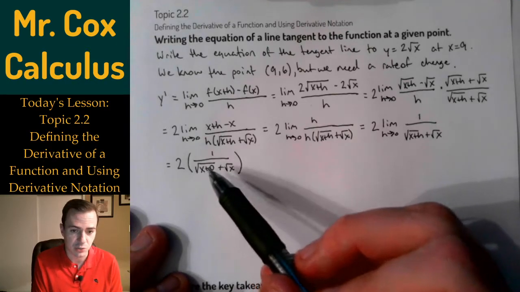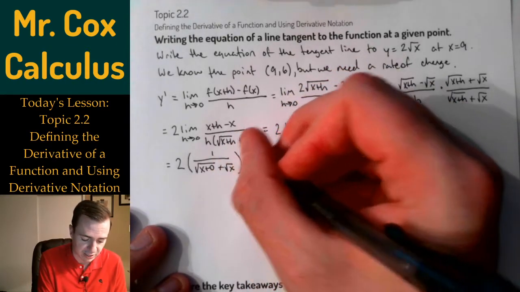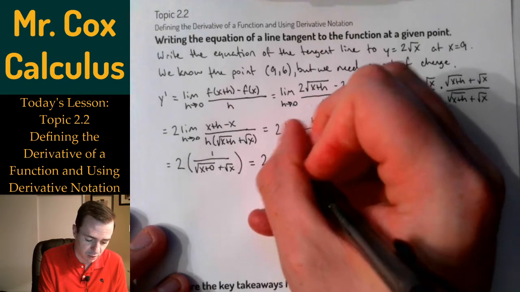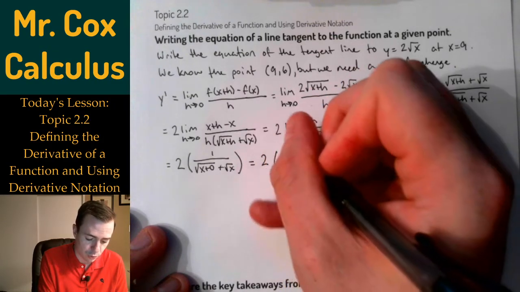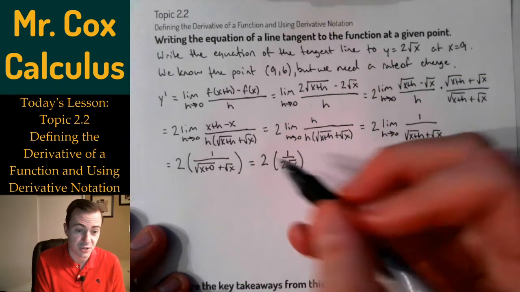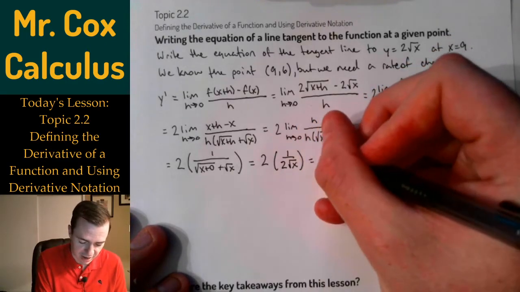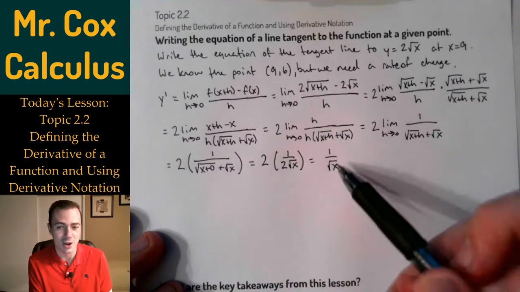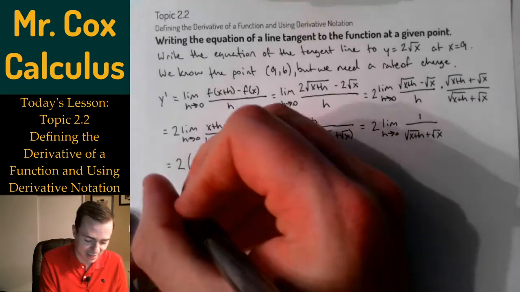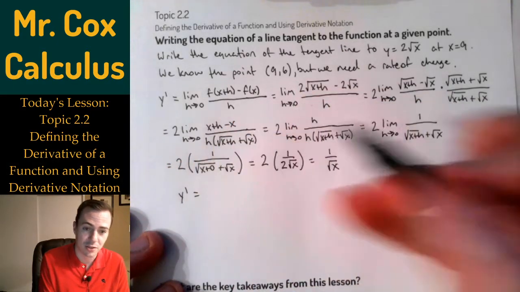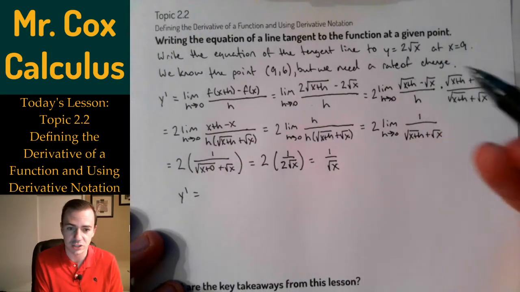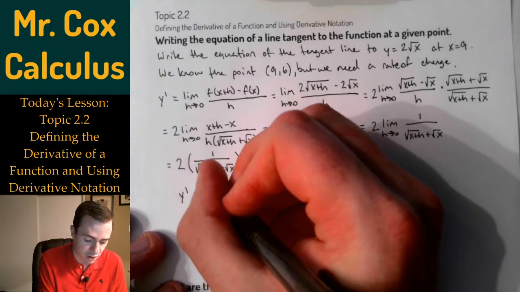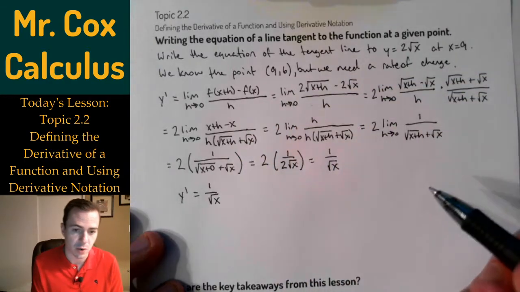In fact, I have the square root of x plus the square root of x, so this is equal to 2 times 1 over 2 square root of x, and the 2's end up actually dividing out for us, so the answer, for the derivative at least, is 1 over the square root of x. So I can say y prime, the rate of change of this function, can be expressed as the function 1 over the square root of x.